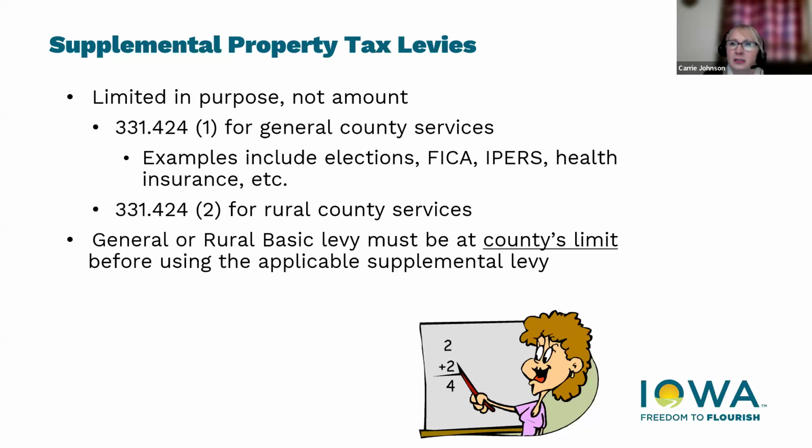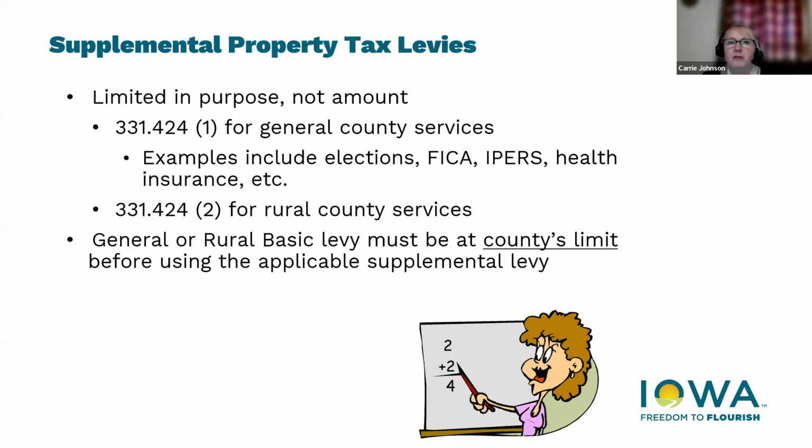And then there is a supplemental for rural county services. That's again for FICA and IPERS of those rural basic employees, and for aviation services. In order to use the supplemental rates, you do need to be at your county's general basic, or rural basic if we're talking about the rural supplemental, at those rate limits.